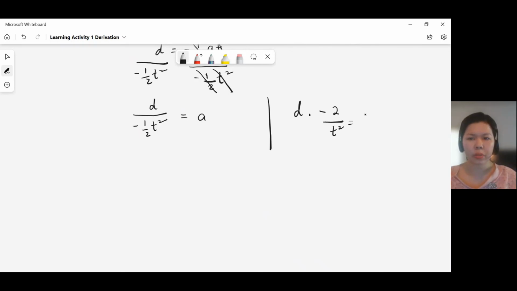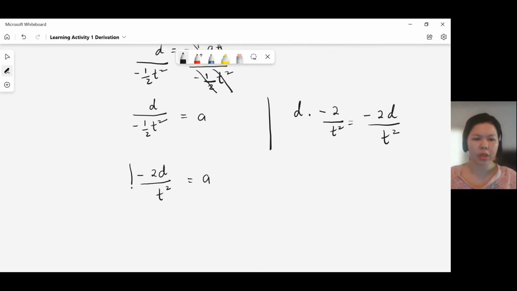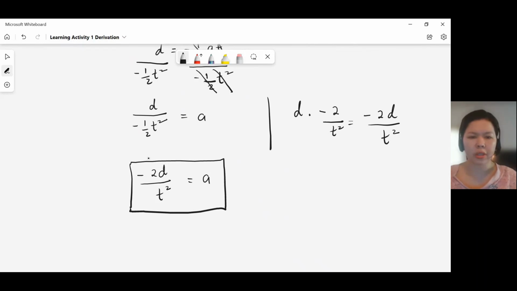So the right side will become negative 2D over T squared. So negative 2D over T squared. We have now achieved our desired equation. This is the derivation for learning activity 1.